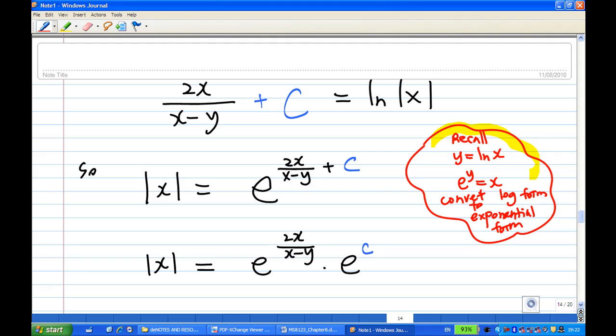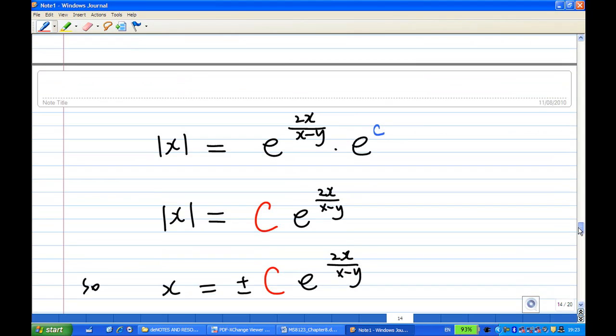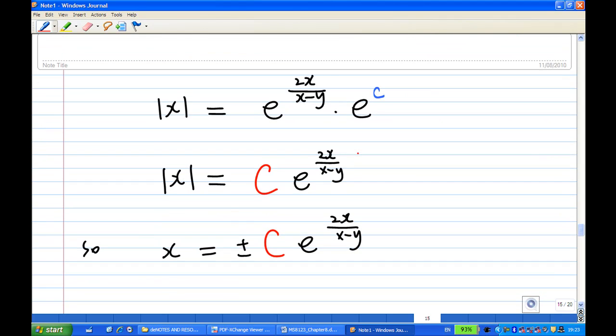So the absolute value of x is equal to e to the power 2x over x minus y plus c. Now I can break the power up using the power rule. So this is e to the power 2x over x minus y times e to the power c. Now e to the power c is just a number, a constant, so I'm going to write e to the power c as a constant c here.